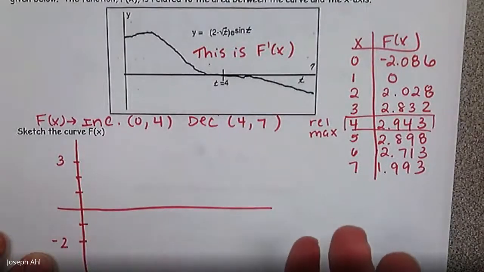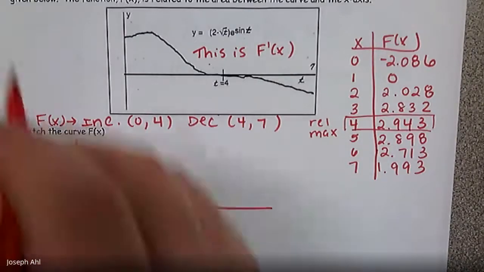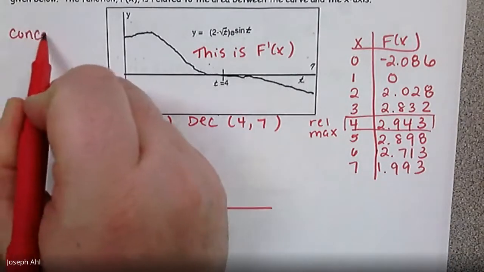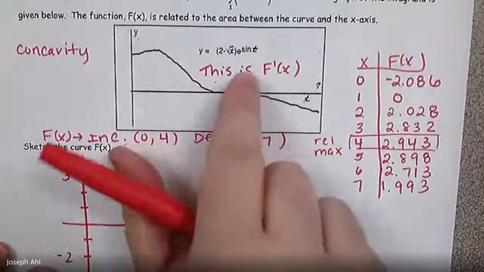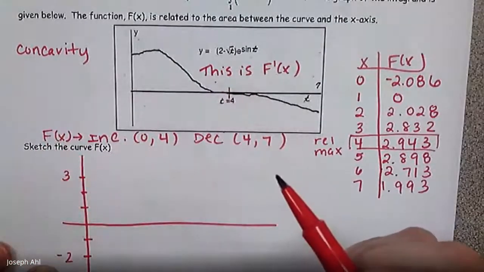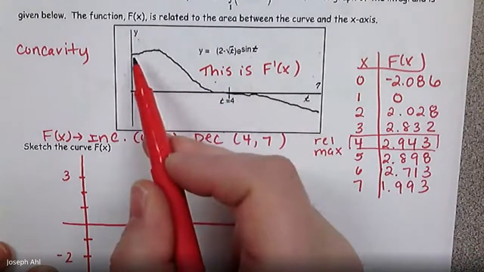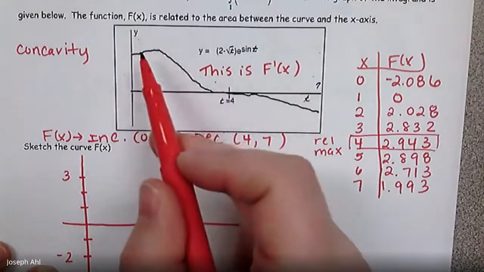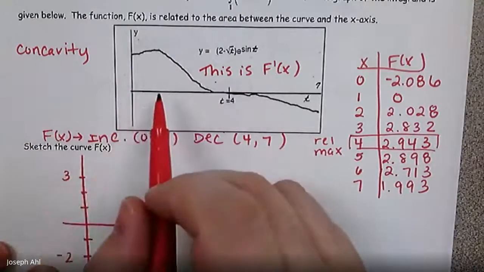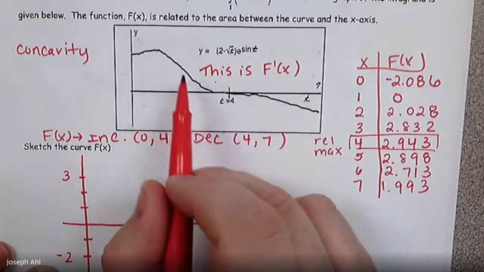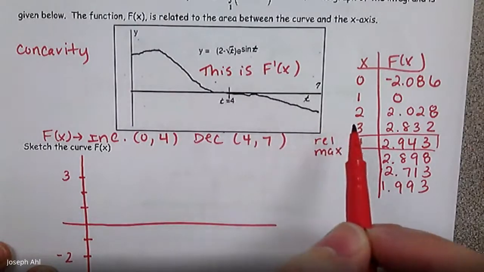In terms of other accuracy that would be nice to think about, we want to think about concavity. So in thinking about the concavity of the graph of capital F of x, if this is the derivative, we know concavity is dependent on the second derivative. And what we know is that the slope of the tangent lines initially is going to go from positive and then eventually over to negative for the rest of the way.